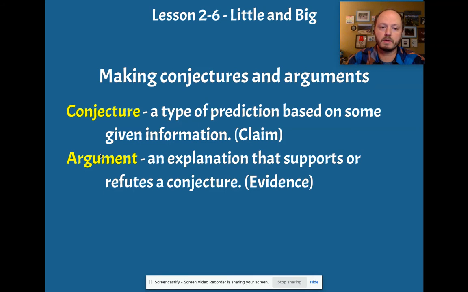Okay, so the argument is something that helps you kind of prove or explain your conjecture, which is a prediction. Something that you can say, make a claim. You could say, I think this is the case, and then you have to back it up. You have to give some evidence, make an explanation, share your thinking.